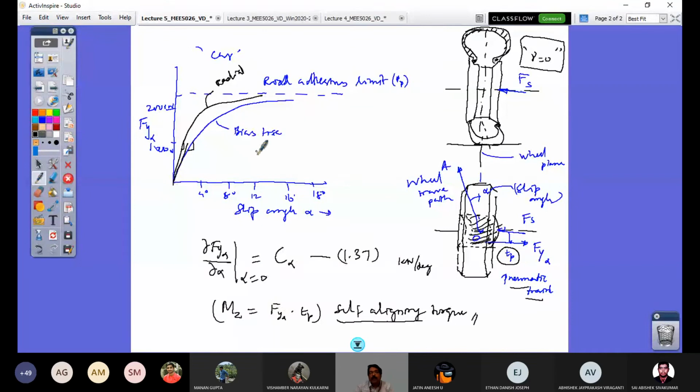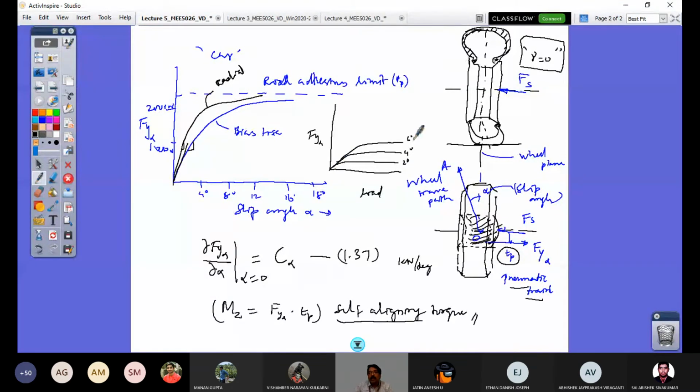If I take load on this axis and Fy alpha here, then for a given slip angle it would be increasing and goes like this. Whatever I plot now is all for a given slip angle. Say this is 2 degrees, 4 degrees, 6 degrees, and so on.